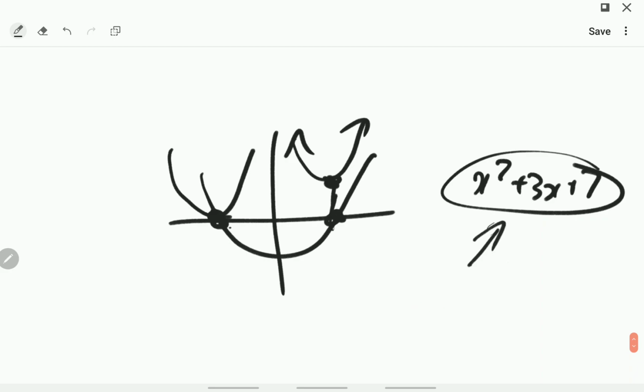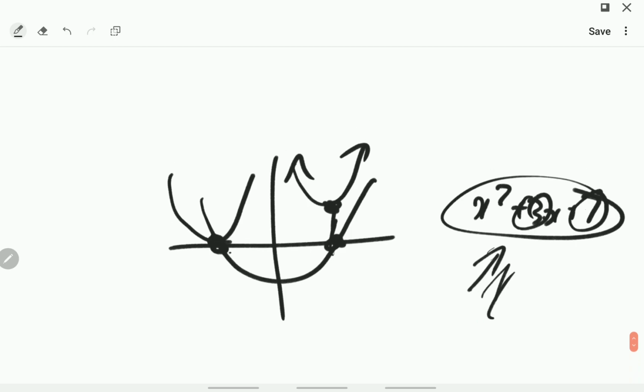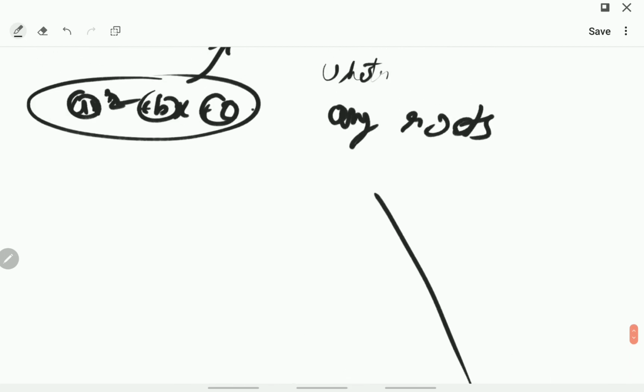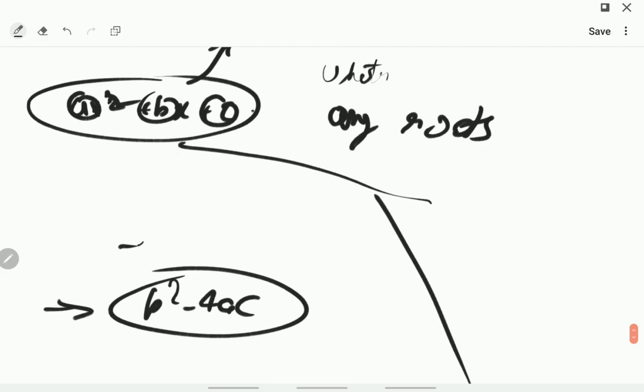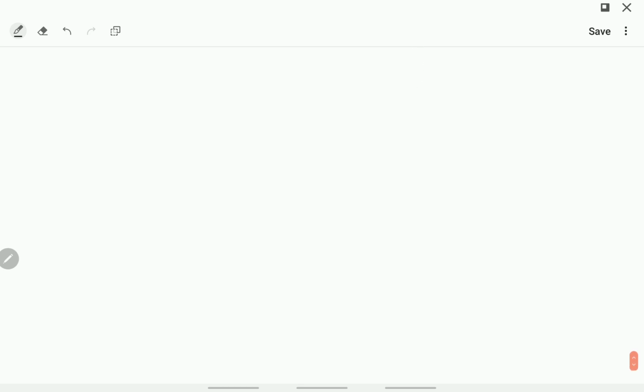You can't find two numbers that multiply to 7 and add to 3. So instead of wasting your time, just put the digits into this b squared minus 4ac expression to see if you have any intercepts, so you don't end up wasting your time.